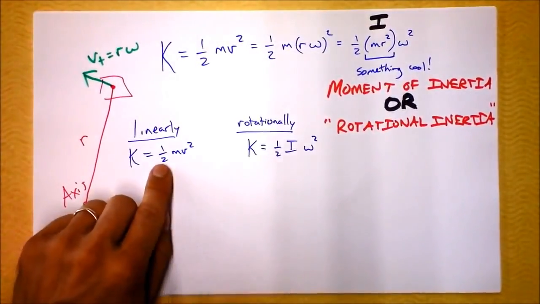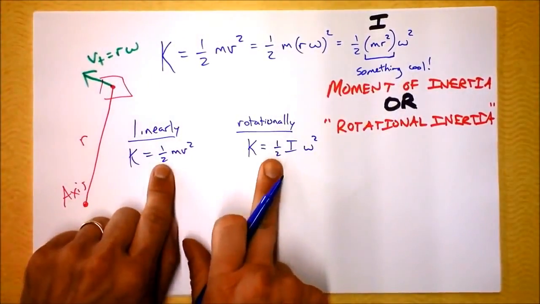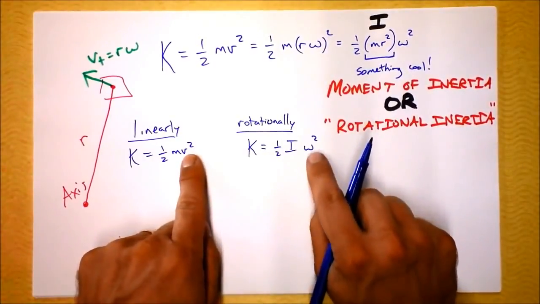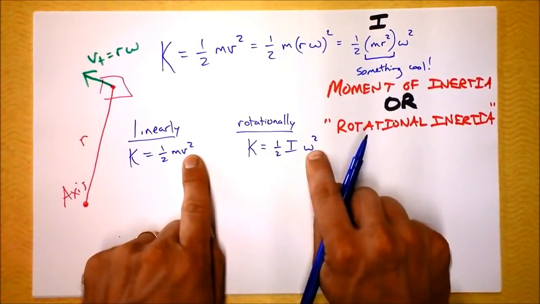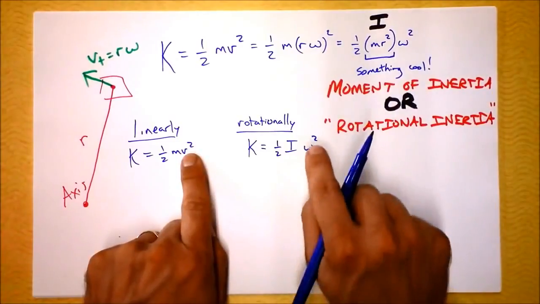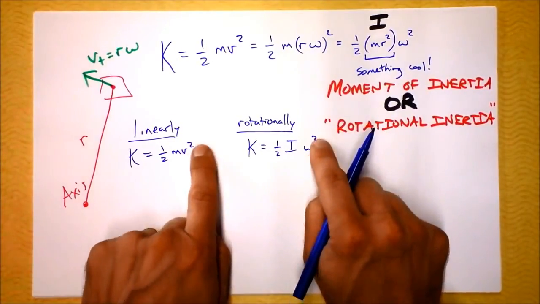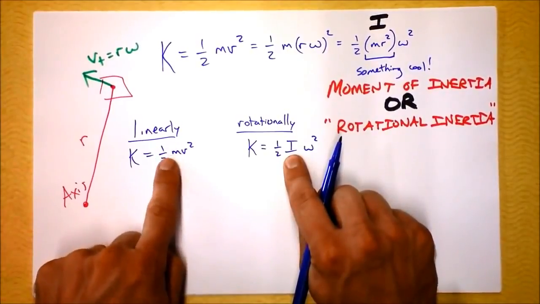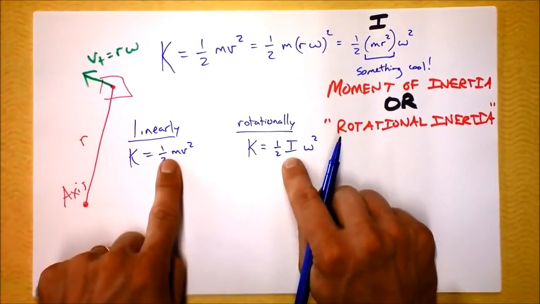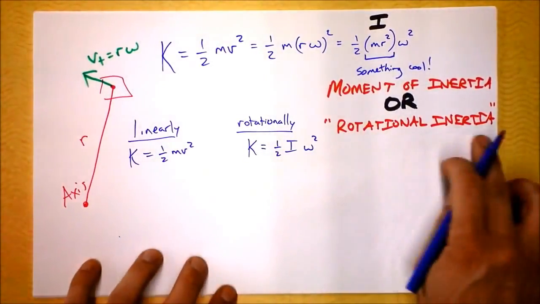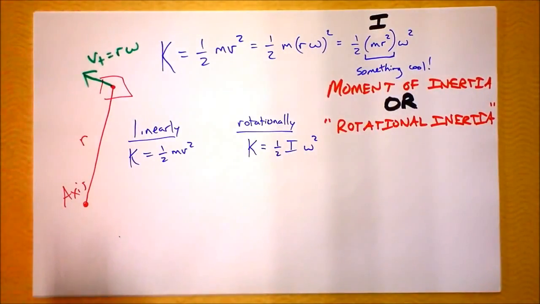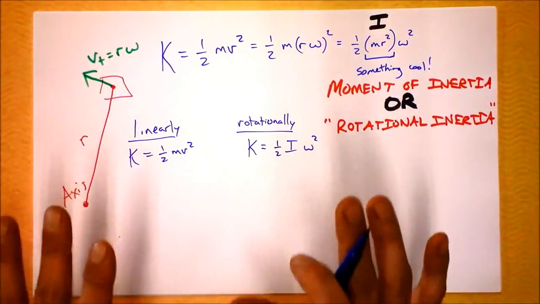So this is 1/2 in both of the equations, and let's look at this v thing. This is speed, and this is rotational speed or angular speed, angular velocity, and it's squared in both the equations. And so here we've got mass on the linear side and rotational mass or rotational inertia on the angular side. So I hope this equation makes sense to you.